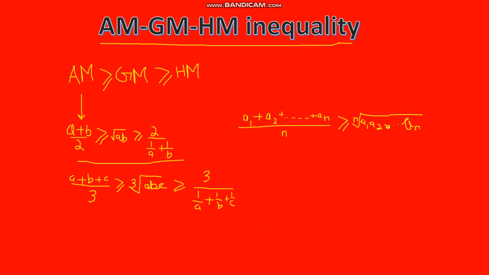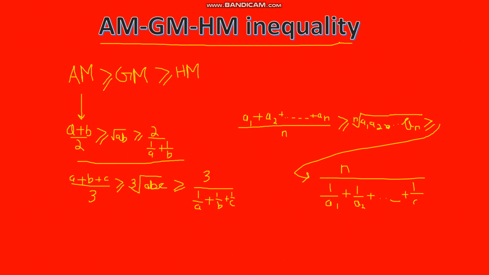And this is greater than or equal to the HM, which is n by (1 by A1 plus 1 by A2, and so on up to 1 by An). I am starting from A1 for simplicity.